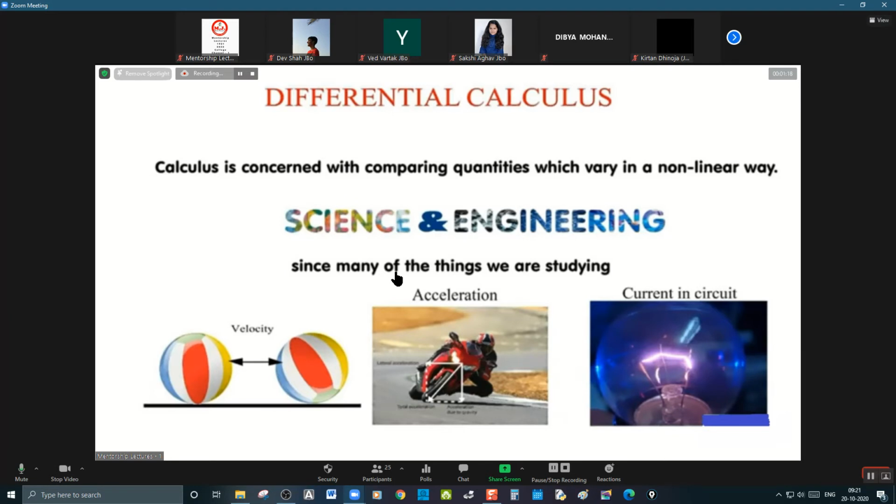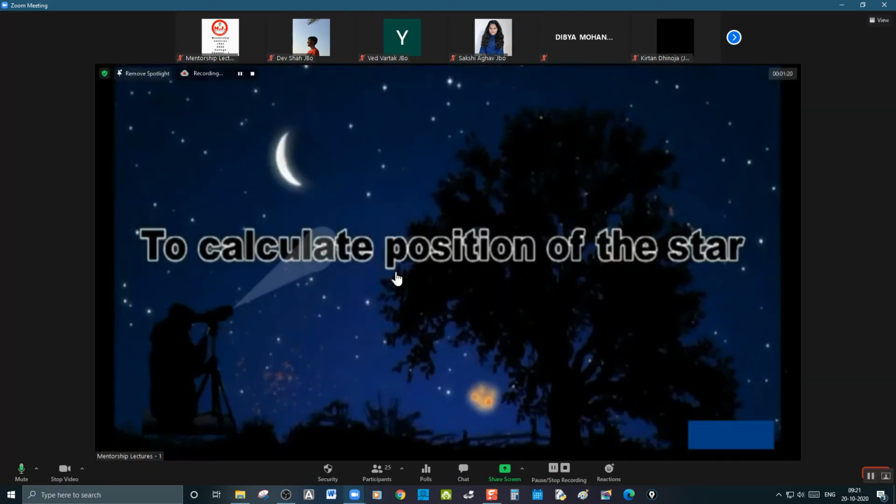And to calculate the position of the stars also, calculus is used. These are all applications I'm discussing just to create interest in you about this calculus and to create awareness in you about these applications.